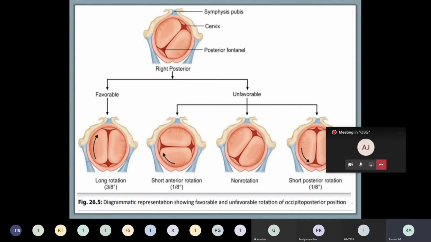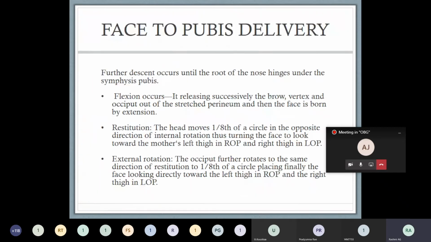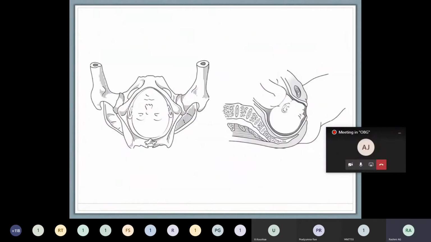Whereas in LOA the head delivers by extension, in face to pubis delivery the head delivers by flexion. It's the same thing which I have explained to you. This is again the face to pubis delivery, wherein the head delivers by a movement of flexion.